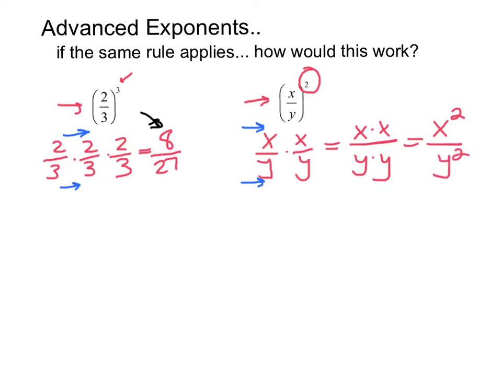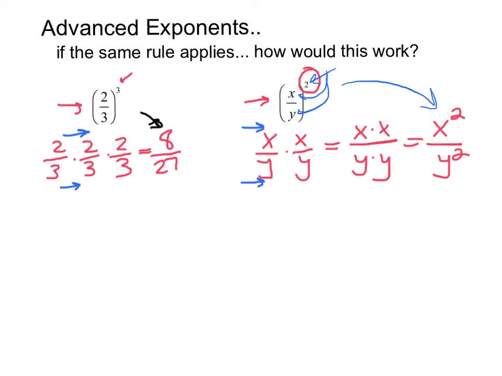Now, what's interesting about this is that we can come up with a rule. Any time that you have a fraction, what we need to do is take this exponent here and give it to each piece of the fraction. Because if you look at the answer over here, we ended up with x to the second power over y to the second power.